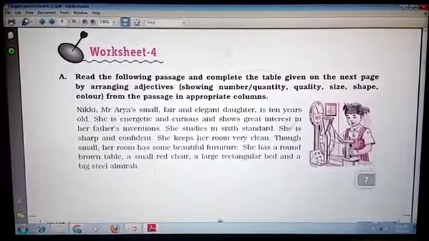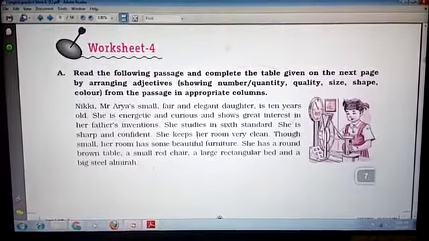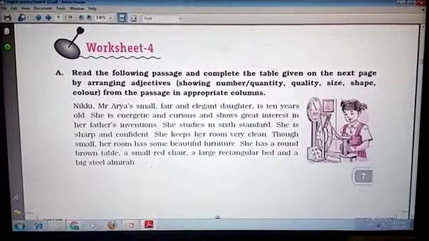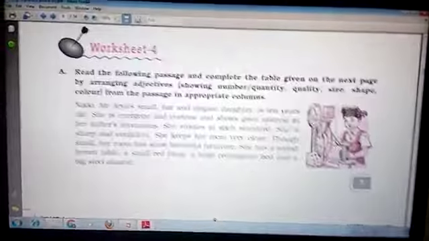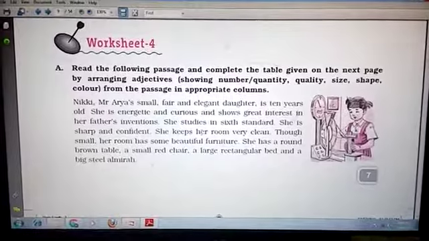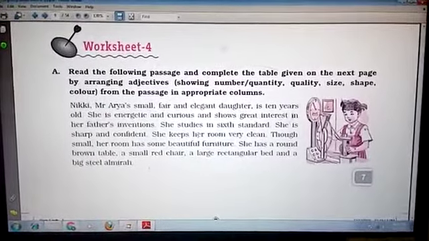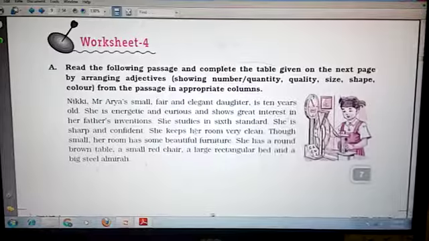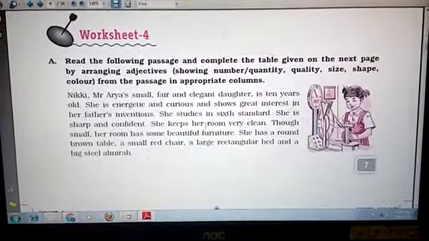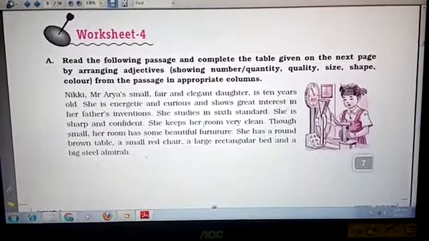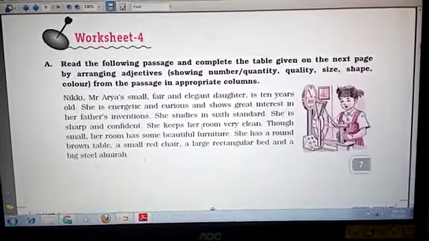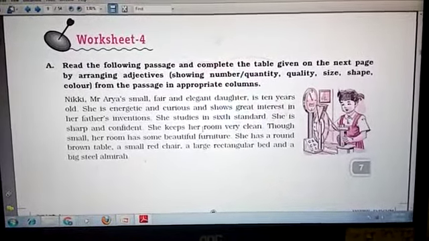This time we have to study adjectives through worksheet number 4. In worksheet number 4, the first instruction given here is to read the passage and to complete the table given on the next page by arranging adjectives showing number, quantity, quality, size, shape, color from the passage.